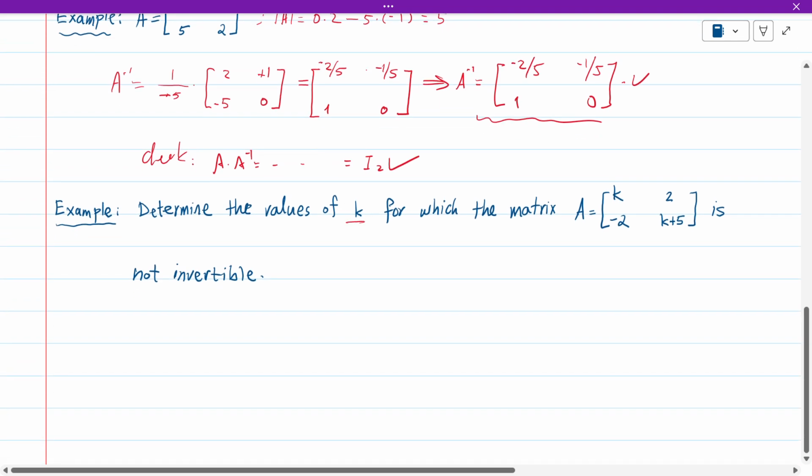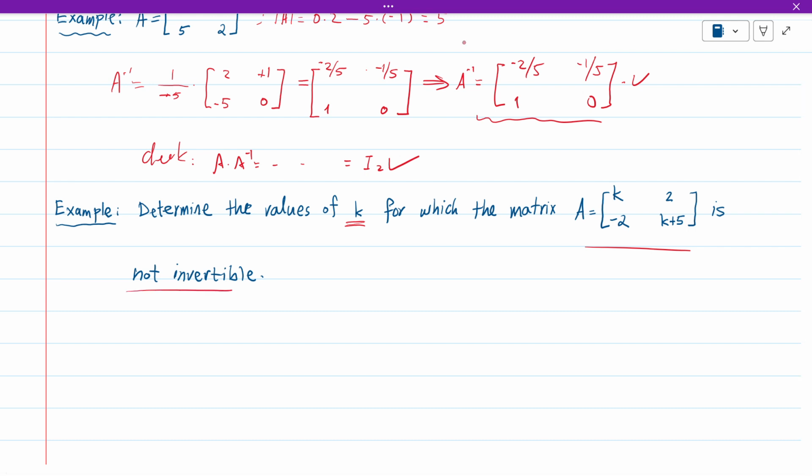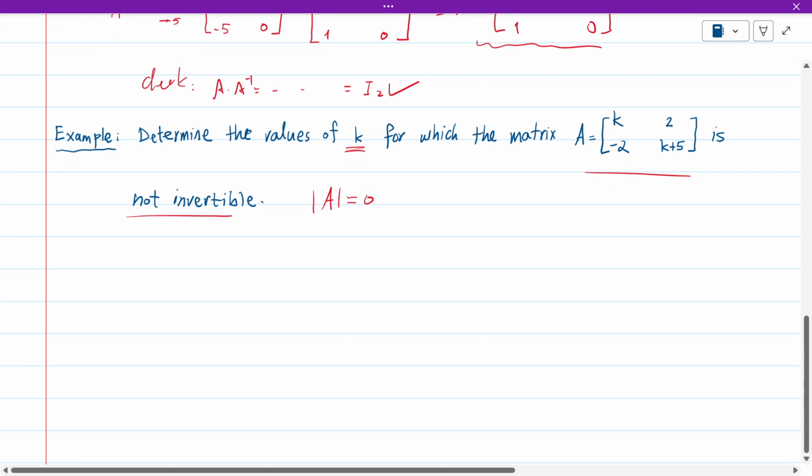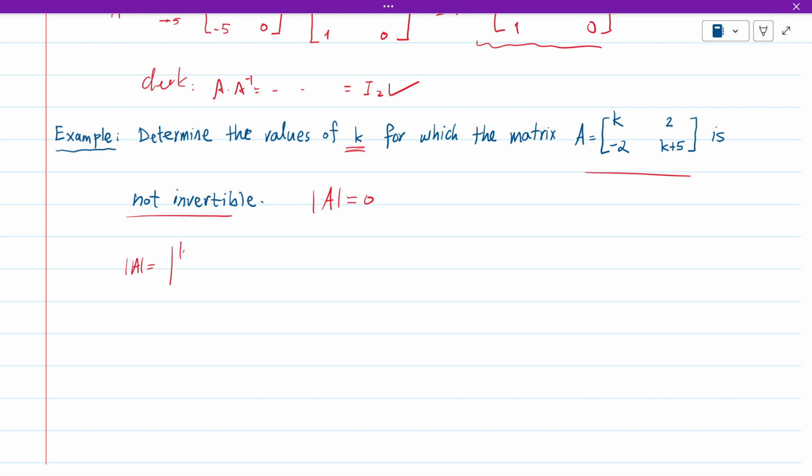The last example says: find the values of k for which this matrix A is not invertible. Not invertible means the determinant of A is 0. In such cases it is not invertible. So first we need to find the determinant of A, which is k times k plus 5 minus negative 2 times 2.